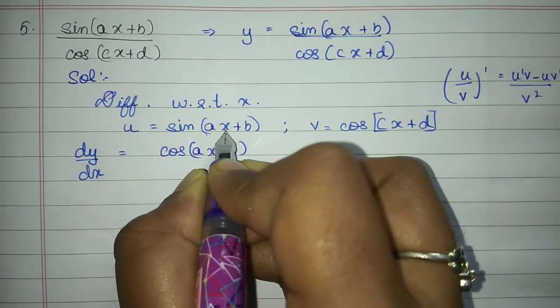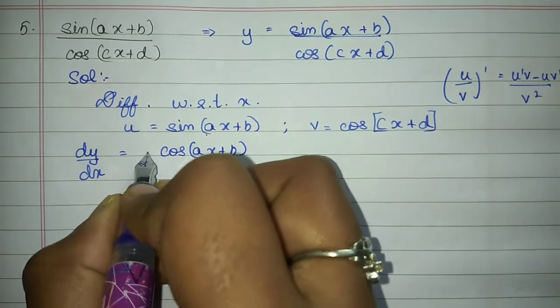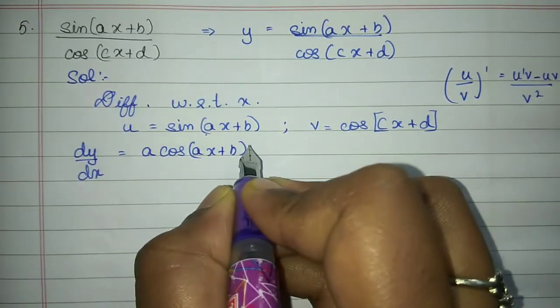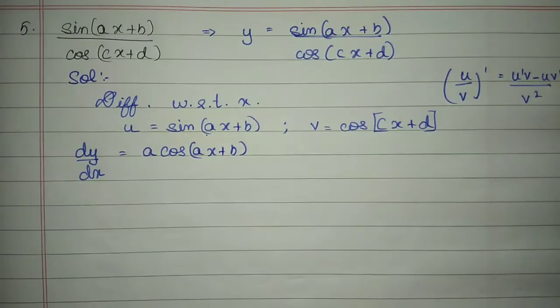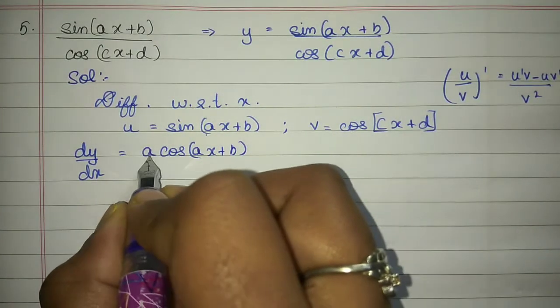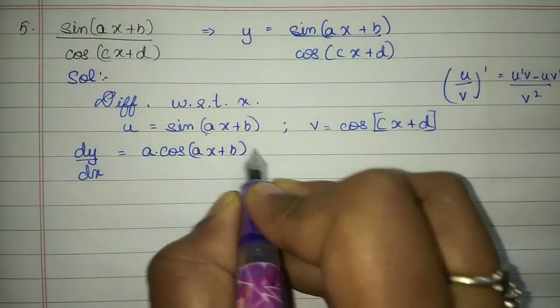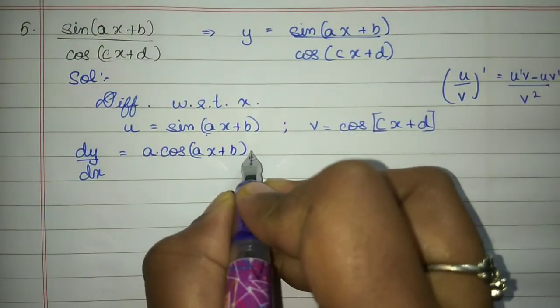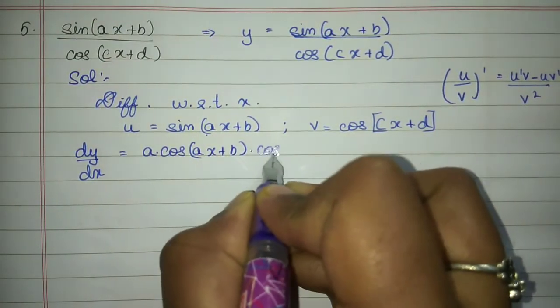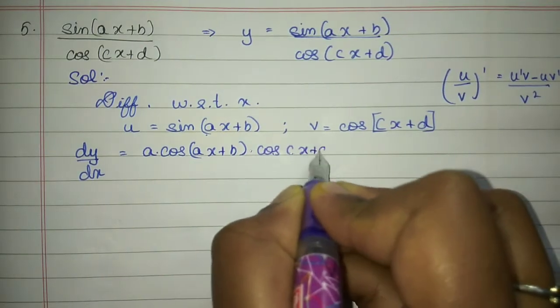So d by dx of ax is a, plus d by dx of b is 0. So I can just leave it like that. So a into cos ax plus b is u dash, and my v should be written as it is, multiplication, so cos cx plus d.